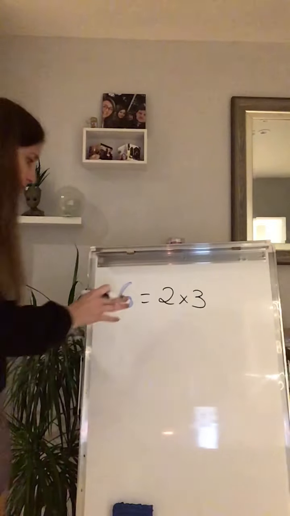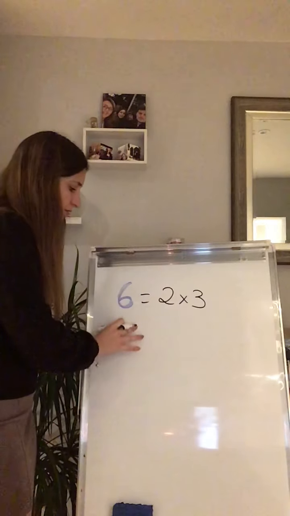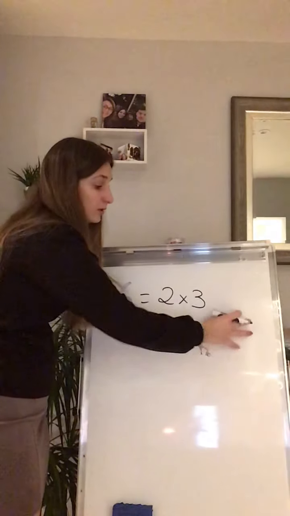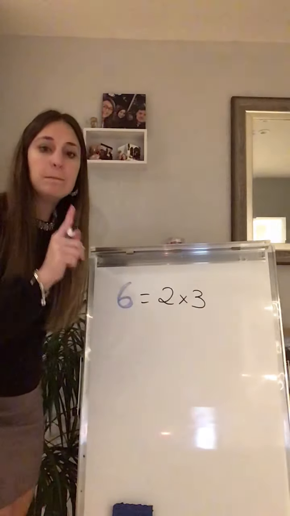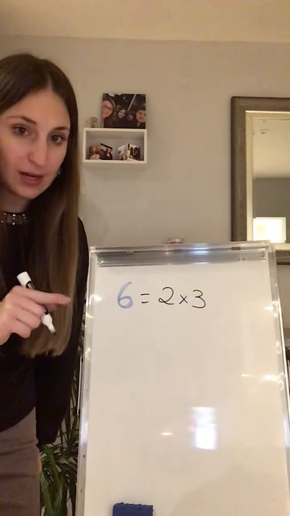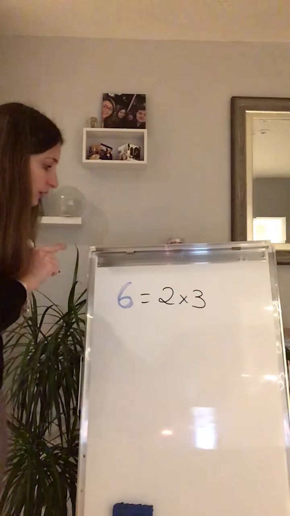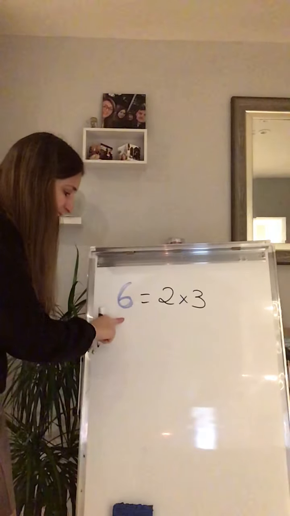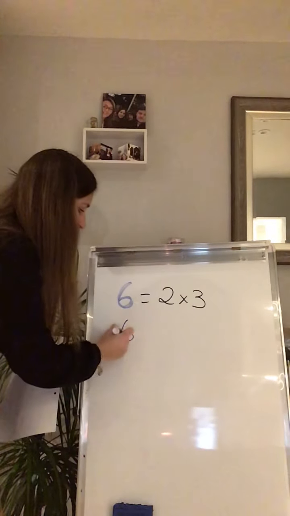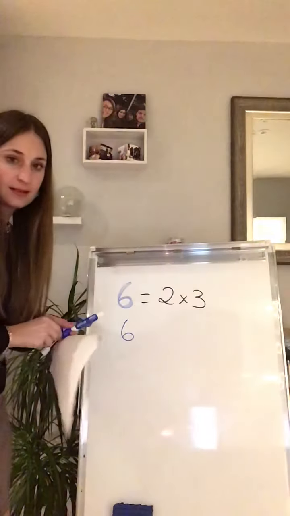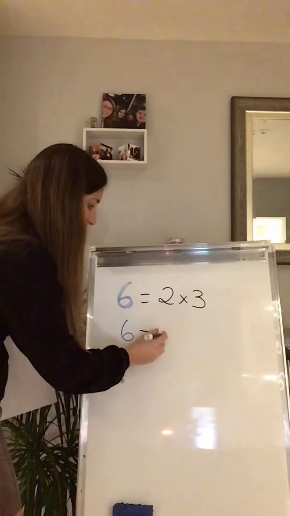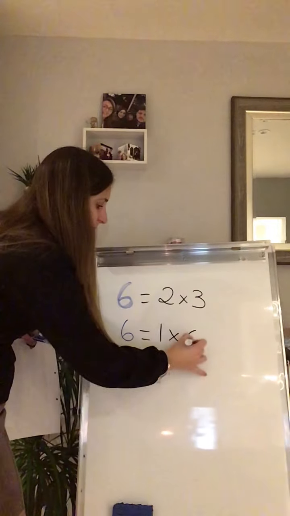Now, you are going to do this. You are going to just show me what numbers you need to multiply, but you are only allowed to use prime numbers in your answer. So, could I use 6? Could I tell you that to get 6, the product is 1 times 6?